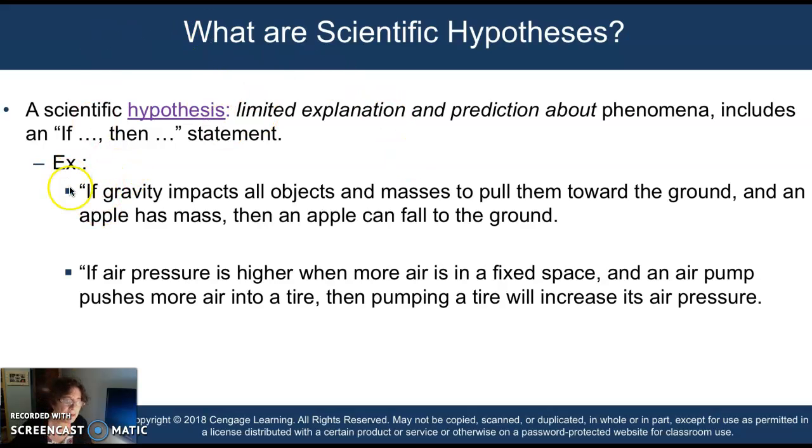So here's my if, and I can put another if here. And if an apple has mass, then an apple can fall to the ground. You might say that's not really prediction. These are very simplified. They get very, very complex. But we're simplifying it. If, and then a then statement.